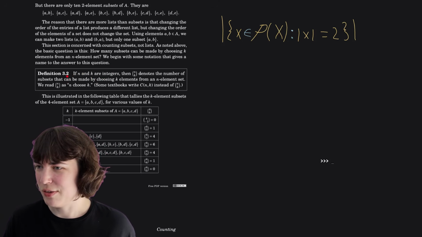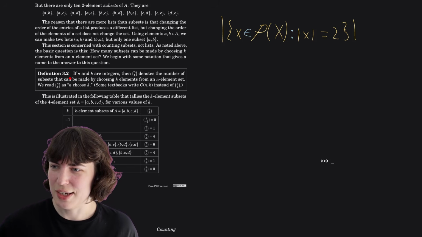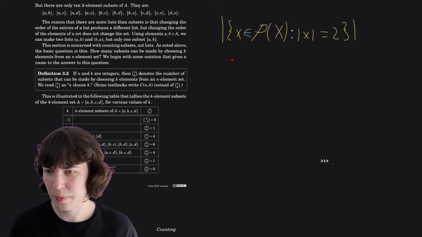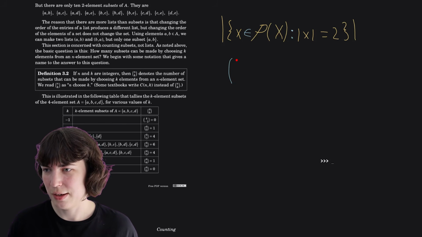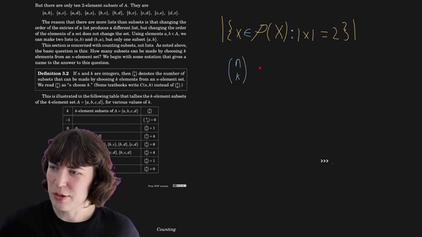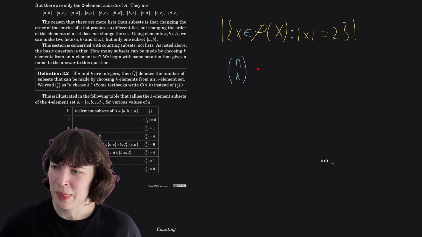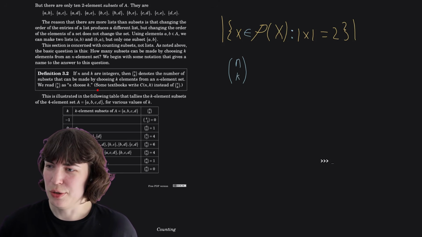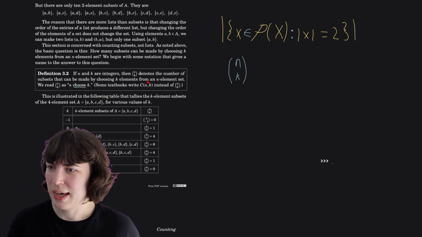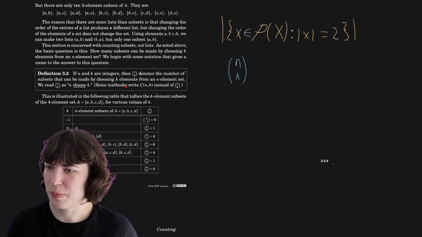Okay, definition 3.2. If n and k are integers, then, okay, I've seen this notation before. It's these big brackets, n and k. Yeah, I did this at school. It denotes the number of subsets that can be made by choosing k elements from an n element set. We would read it as n choose k.